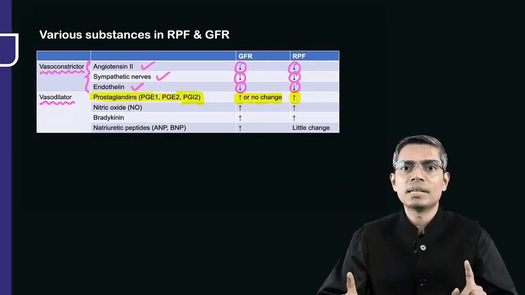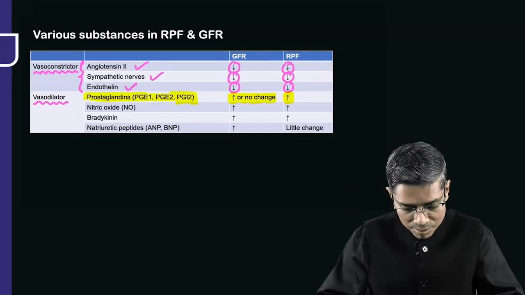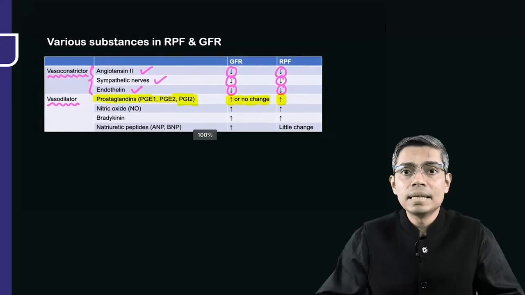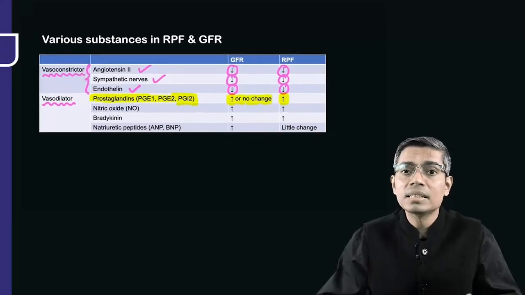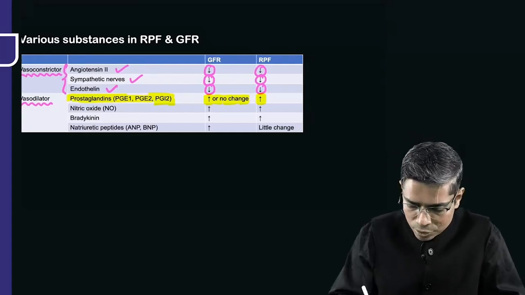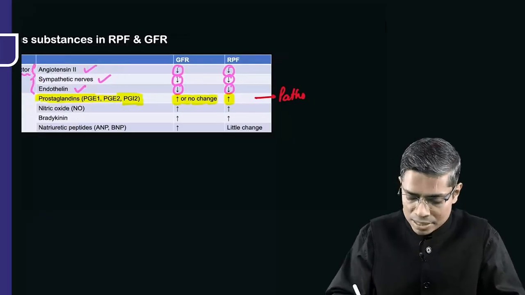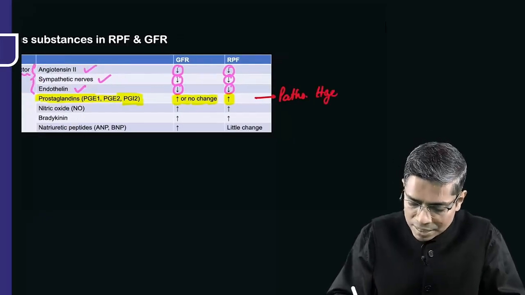But you have to remember one condition here. Prostaglandin increases your renal plasma flow or GFR in pathological conditions only, not in normal conditions. Please remember the effect of prostaglandin is mainly during the pathological condition. For example, one person is suffering from severe hemorrhage.